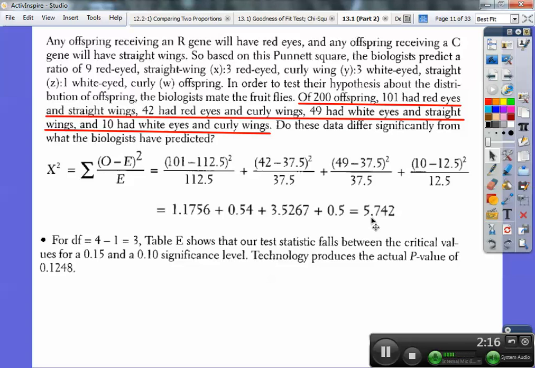I see 5.32 on degrees of freedom of 2, and then 6.25. If you look up on top, it's falling between the 15% and 10% significance level. I'll show you in just a minute how to do it in the calculator. It gives me about 12.5%, so it falls a little bit short right there.